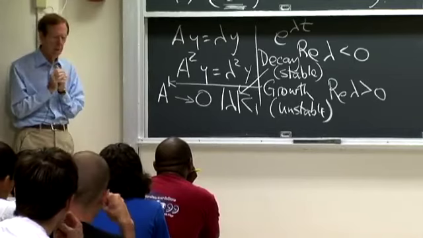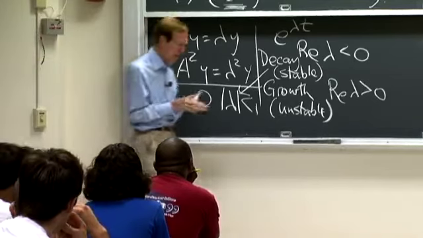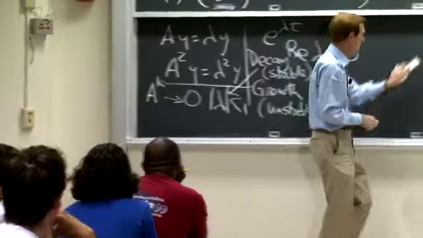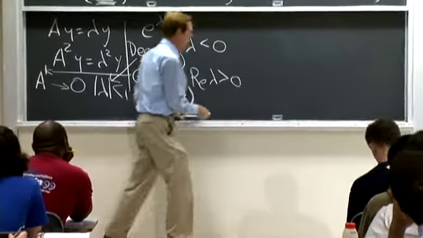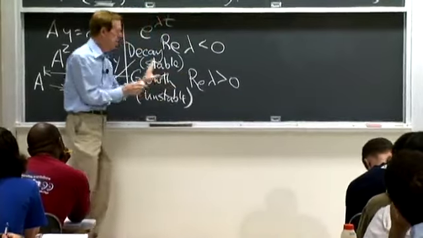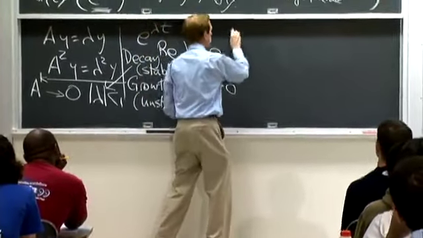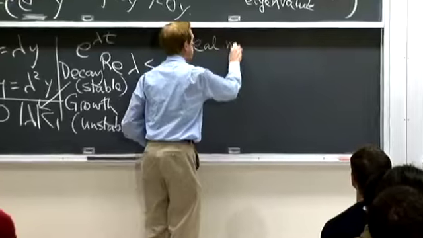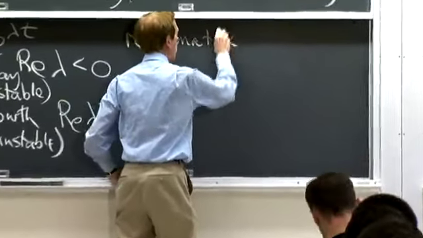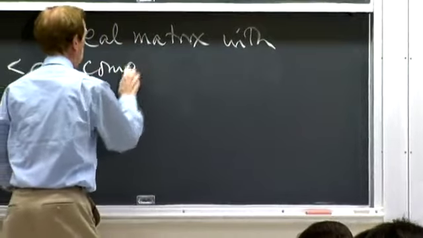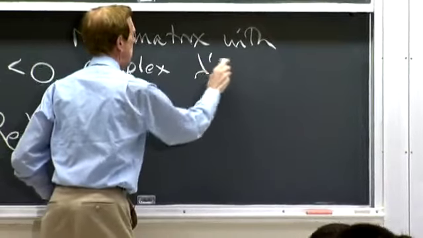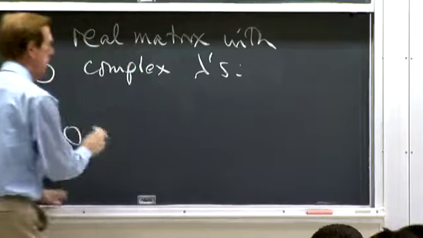While I'm saying that, why don't I give an example where it would come in? This is going to be a real matrix with complex eigenvalues, complex lambdas. It'll be an example.